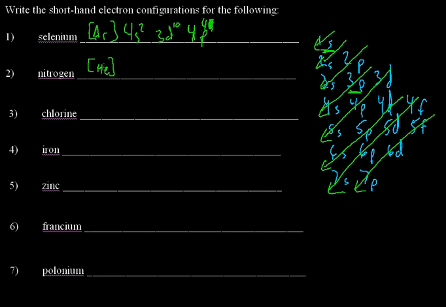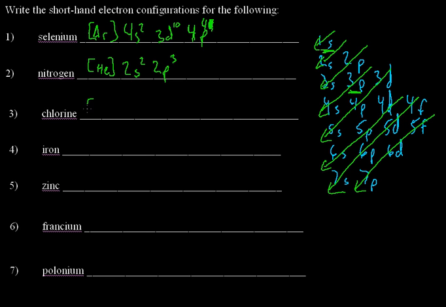So instead of writing 1s2, we're going to save lots of time by just writing helium in brackets and picking up where 1s2 is leaving off. So after 1s gets filled, we go to 2s. We're going to put 2 electrons in there, and then 2p with just 3 electrons. So the 2 from helium plus these 2 plus these 3 will give us the 7 electrons that nitrogen has.